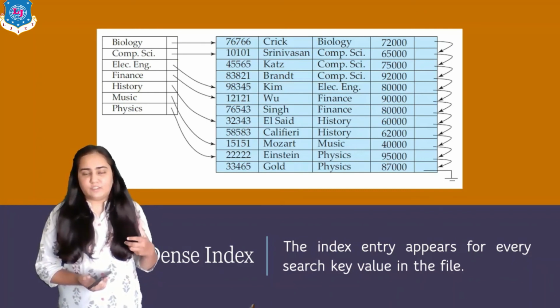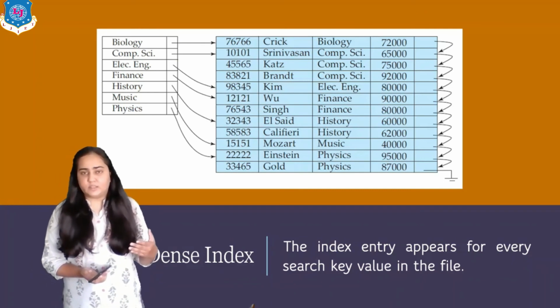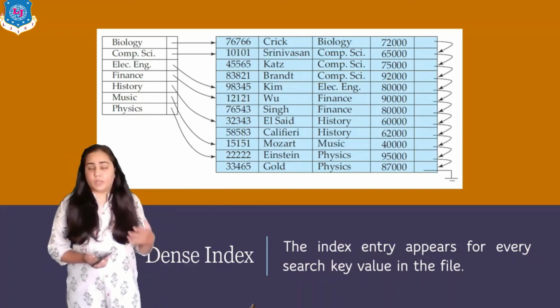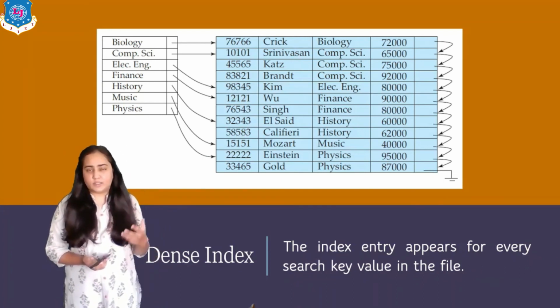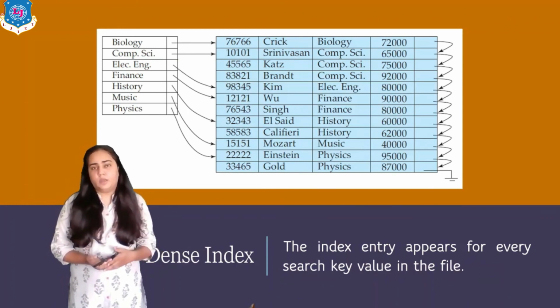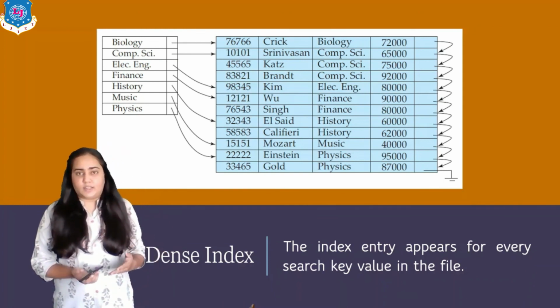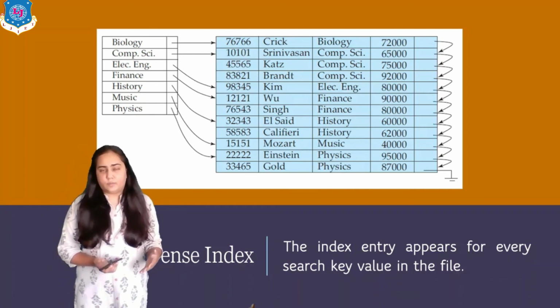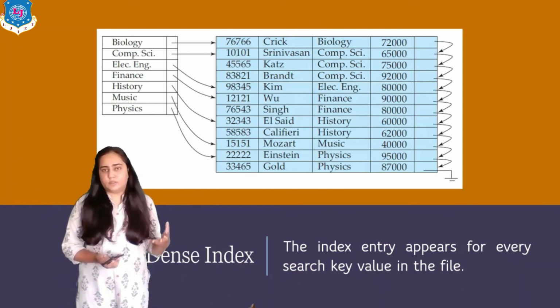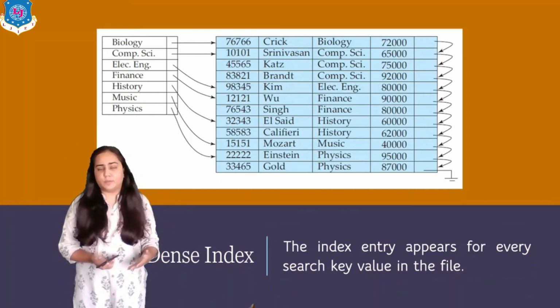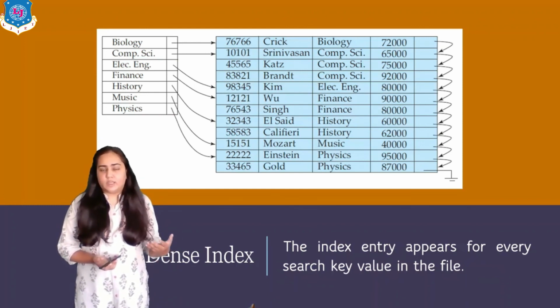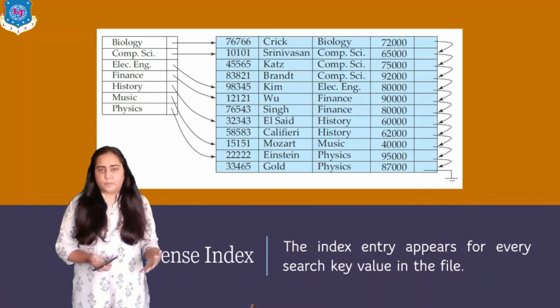So we have seen what a primary index is. And one more thing, dense indices can be made on any type of column, regardless of whether they are sorted or they are primary key or not. A primary index or clustering index can be created only on the columns that are primary keys in the table. And secondary indices or non-clustering indices can be created on any type of column.